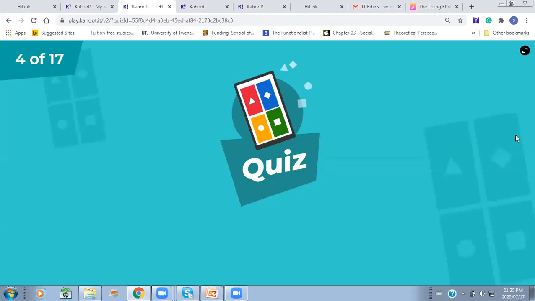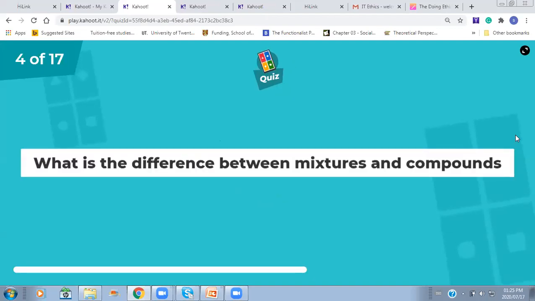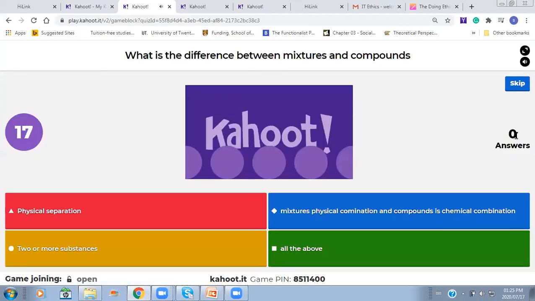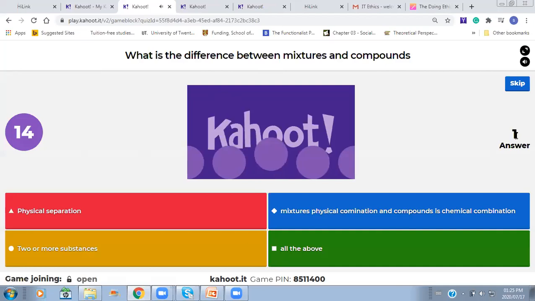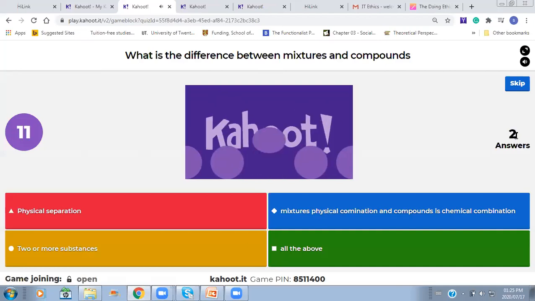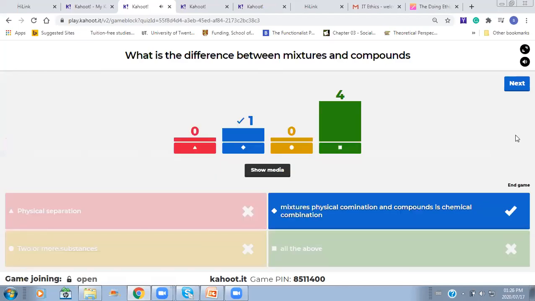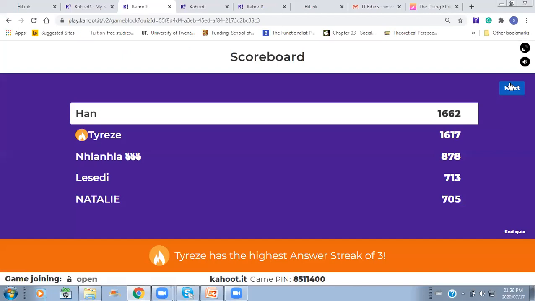Let's go on. What is the difference between mixtures and compounds? Okay, mixtures are physical combinations, and compounds are chemical combinations. Tyrus was first to answer, followed by Han, Tlantla, Lesedi, and Natali.